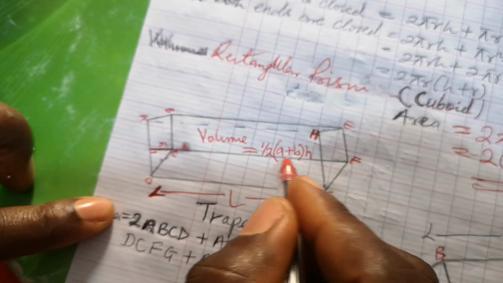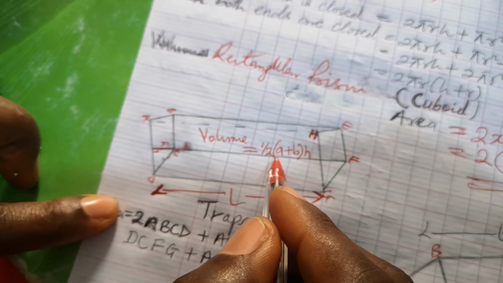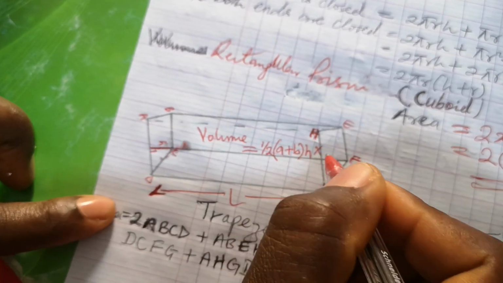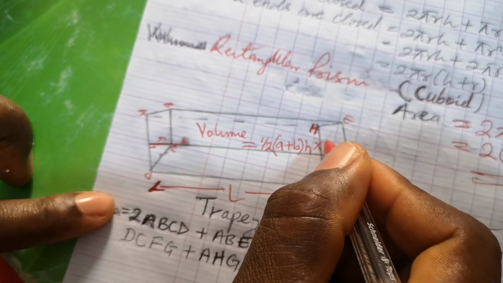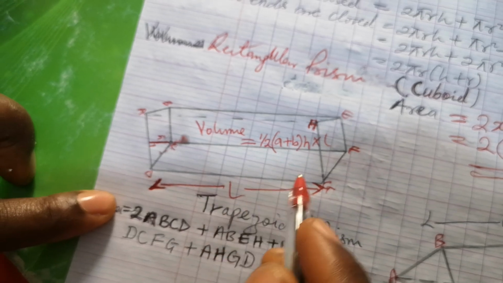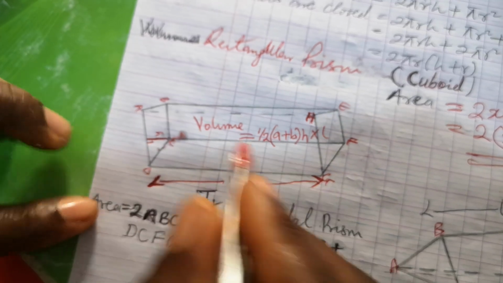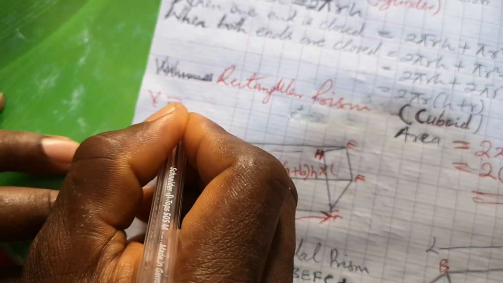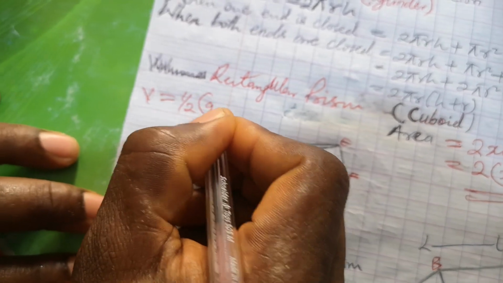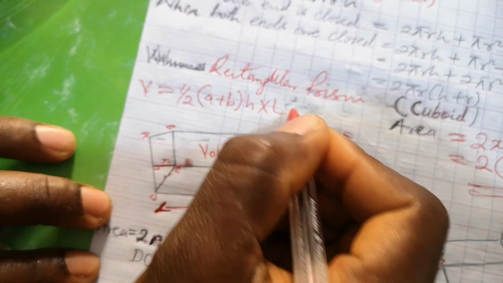Then you multiply it by the length. So the volume is equal to half into bracket A plus B, close the bracket, h times length.